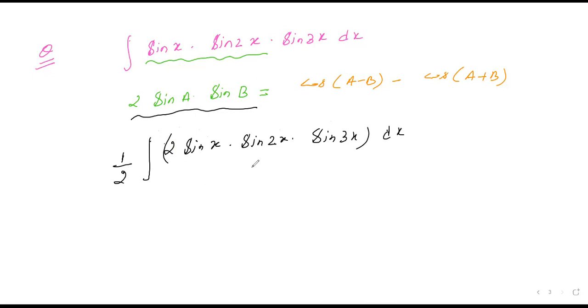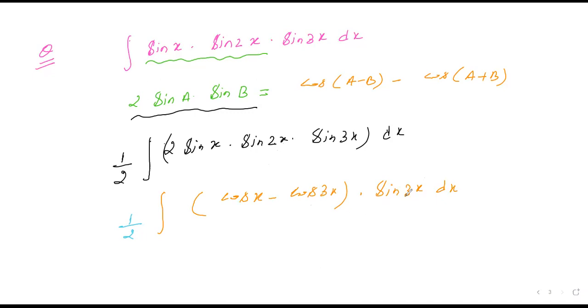So basically 2 sine A sine B is cos A minus B minus cos A plus B. It is 1 divided by 2 integral of cos A minus B, meaning x minus 2x, which is cos of minus x, and as we know cos of minus theta is plus cos theta, so we directly write it as cos x minus cos 3x, into sine 3x dx.